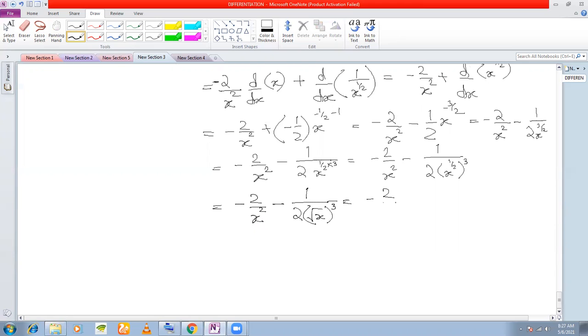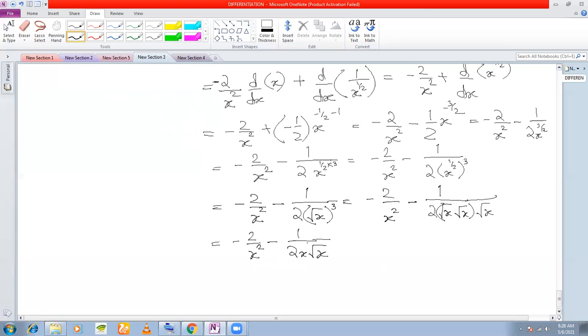So minus 2 by x squared minus 1 by, now root x whole cube is nothing but root x into root x into root x. So combine two root x to get an x, right? So what you get here is minus 2 by x squared minus 1 by 2x root x.